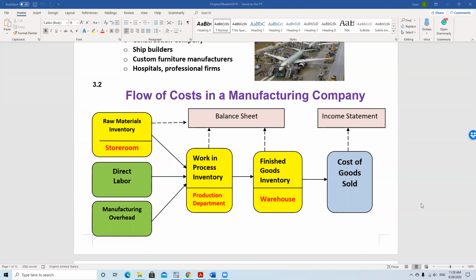And then after that, you're going to have work in progress inventory, like the frame of cars, right? And then the engine of the airplane, maybe. And then when you complete your production, you have finished goods inventory. For example, Ford may have a lot of cars in inventory that haven't been sold yet, okay?